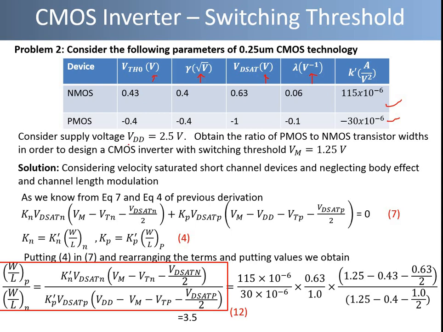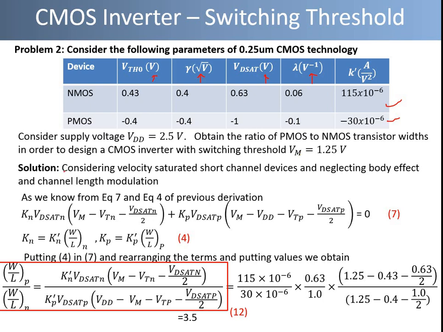Now considering the supply voltage VDD of 2.5 volt, our task is to obtain the ratio of width of PMOS and NMOS transistors in order to design a CMOS inverter which has a switching threshold Vm equal to 1.25.